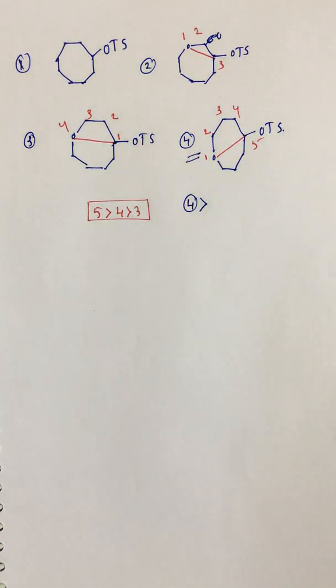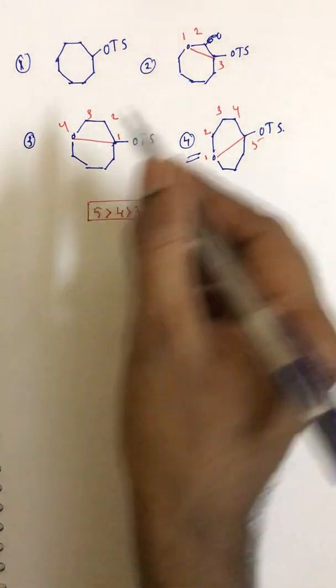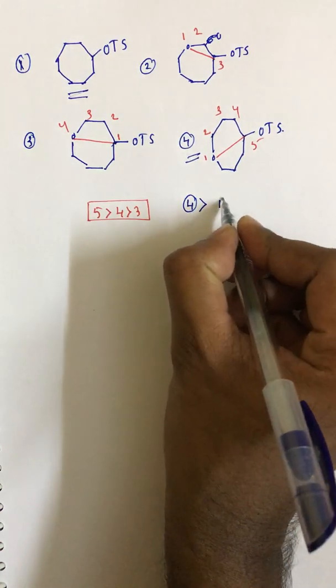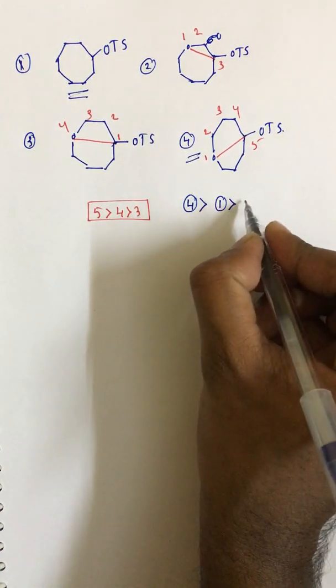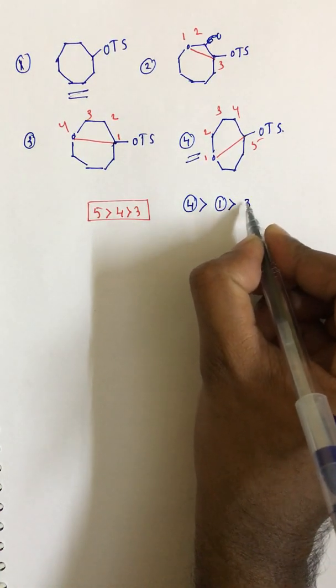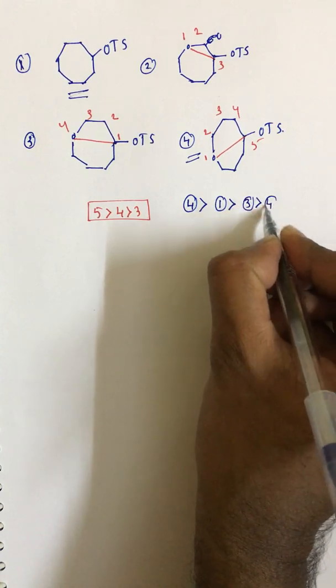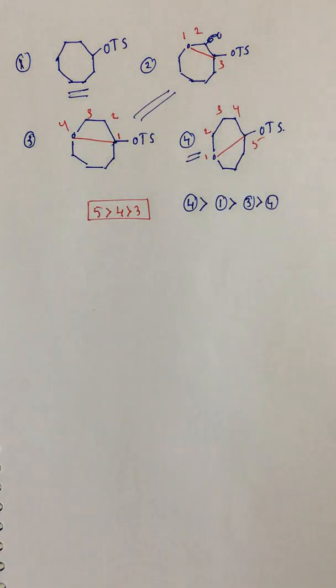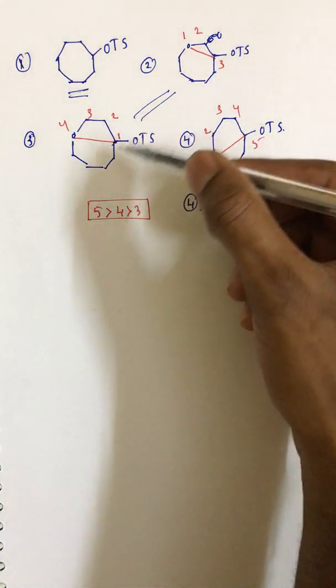Now the next order goes to 4 and 3. And what about 1? Actually the next priority goes to 1, which is more reactive than 3 and 4, because in these two cases we are getting a highly unstable strained molecule.